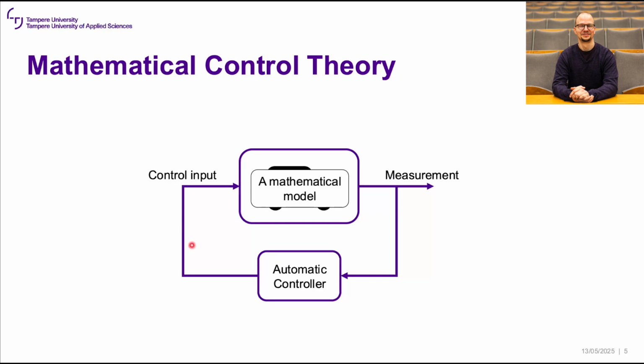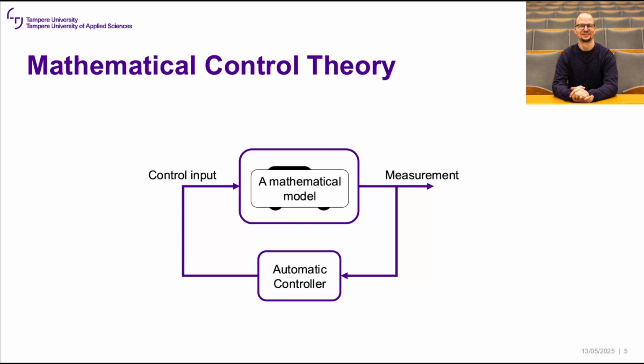And in our work, we're often interested in designing and developing these automatic controller mechanisms, just like the cruise control, which help us decide what kind of control inputs we should use in order to make our measurements behave in a desired way.